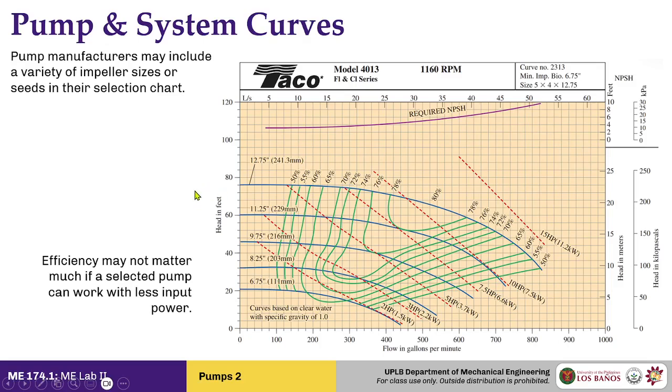Now, I am not quite sure why the head is the most supremely important. However, when it comes to pump selection, you might prioritize the head over the efficiency of your system.